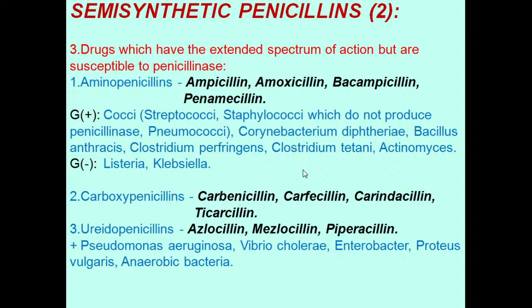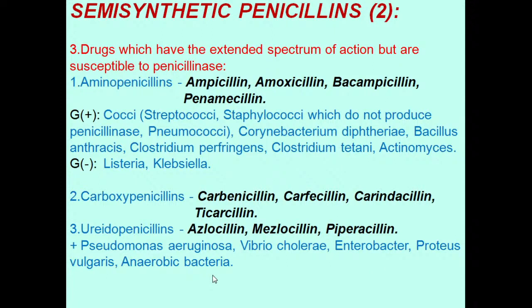Carboxypenicillins include carbenicillin, carfacillin, carindacillin, ticarcillin. And ureidopenicillins include azlocillin, mezlocillin, piperacillin. For these two groups, additional are Pseudomonas aeruginosa, Vibrio cholerae, Enterobacter, Proteus vulgaris, and anaerobic bacteria.